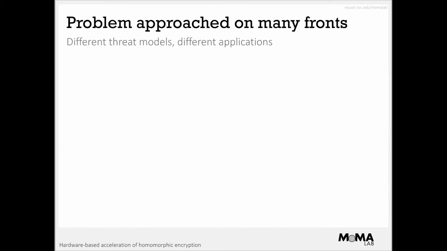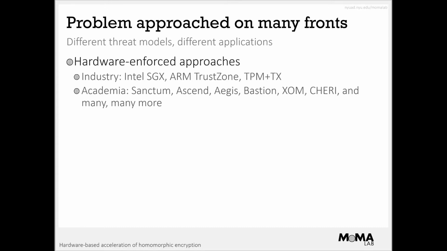So this is a problem that's known, and there are many approaches towards solving it. Different problems assume different threat models, but I classify them in two big categories. One is using hardware enforcement, like an enclave, like Intel SGX and ARM TrustZone, and there are academic solutions that appear a lot: Sanctum, Ascent, Cherry, and so on.